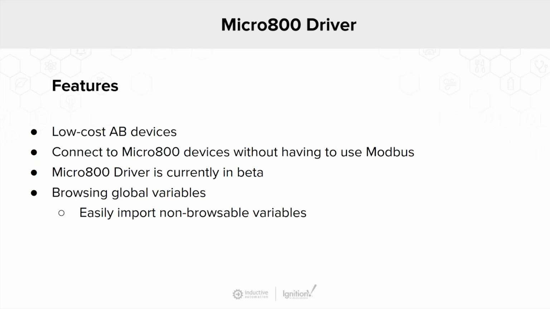One notable feature of the driver is its support for browsing global variables. It's worth mentioning, though, that not all the global variables are accessible through browse requests. This includes UDTs and system-defined structures, Boolean data type arrays, and arrays with non-zero starting indices. Despite these limitations, accessing these global variables in Ignition is still achievable through the addresses configuration page.